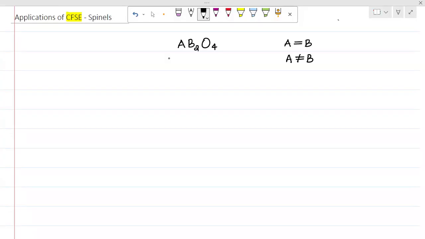A and B are the metal sites, where A generally is in +2 oxidation state, which is a second group metal or a transition metal.